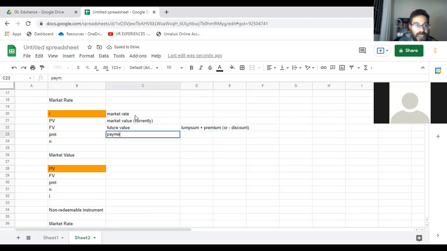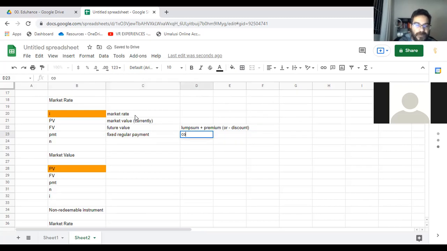Payment, this is payment. Payment is a fixed regular payment. If there's no fixed regular payment, then you don't have PMT. How do we calculate payment?